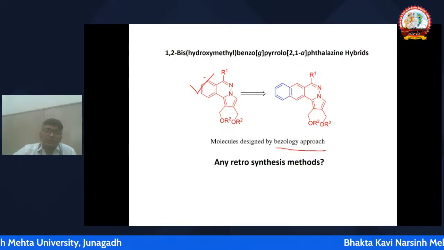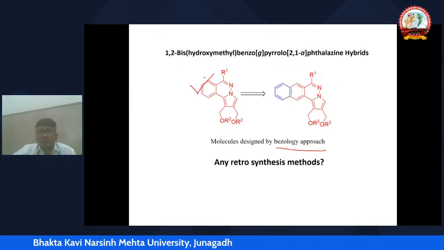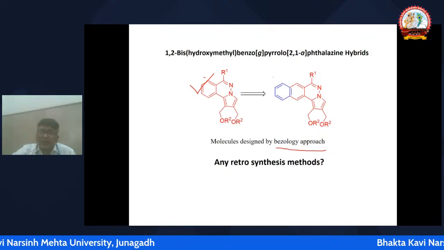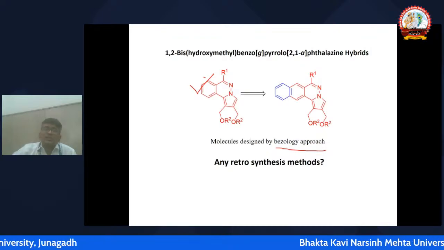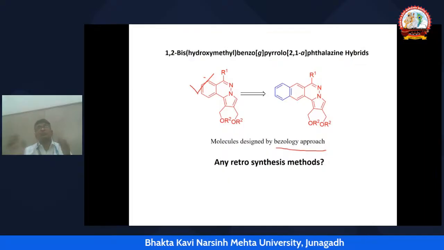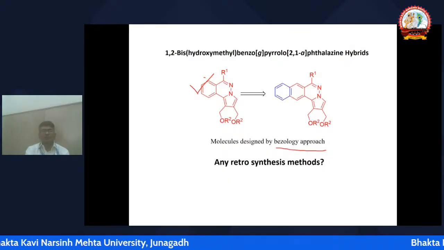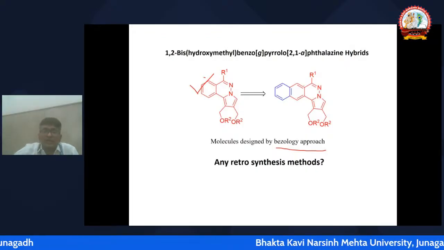Benzology approach means addition of one benzene group or removal of one benzene group from the molecule. This is called the benzology approach. This is one type of bioisosteric approach where a ring can be added. Through this ring addition, it alters the lipophilic property, meaning it alters the pharmacokinetic properties.